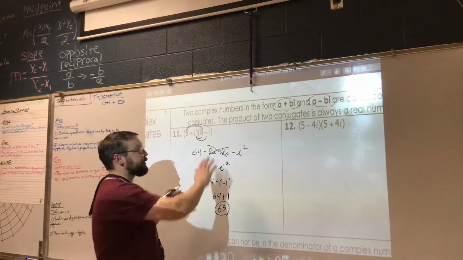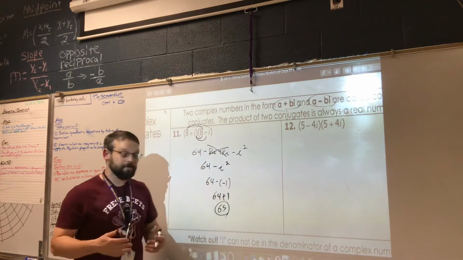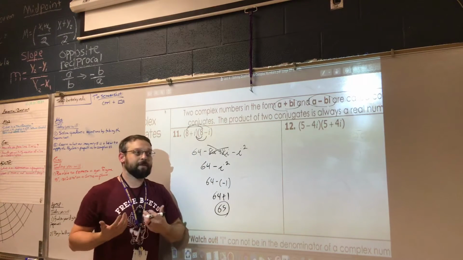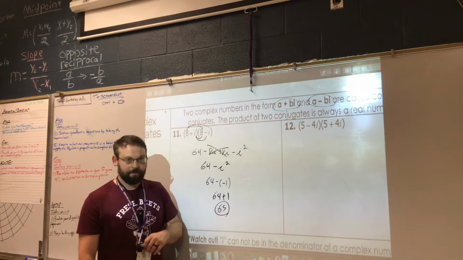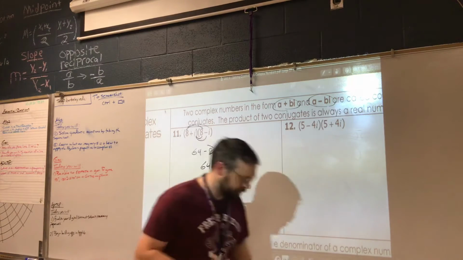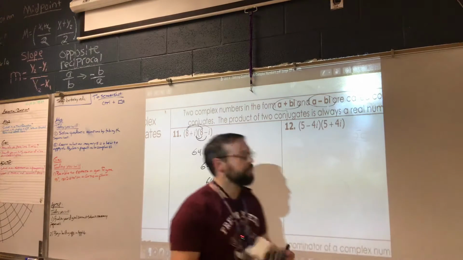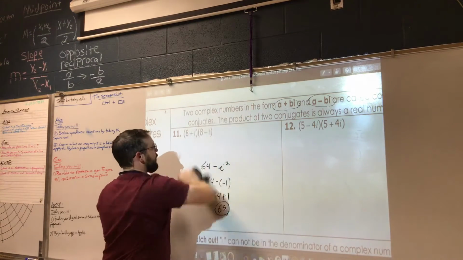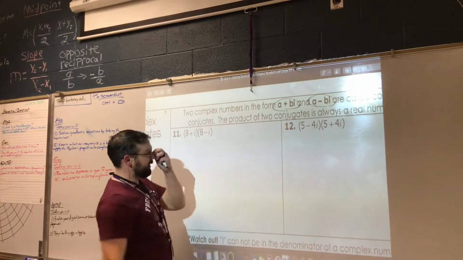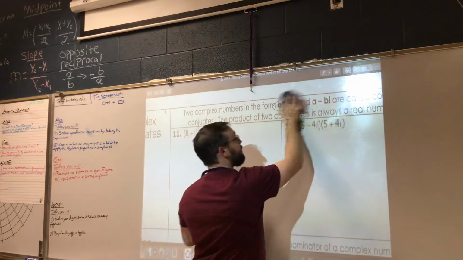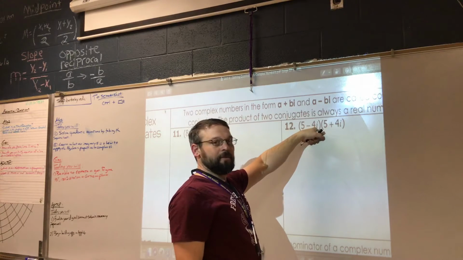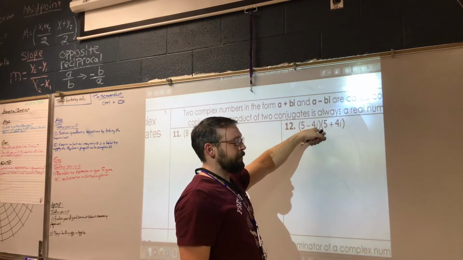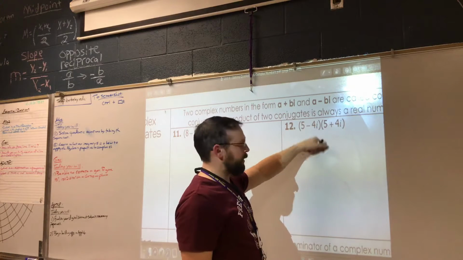So what complex conjugates actually do when you multiply them is remove the imaginary part. It becomes a real number. So that's just a very general overview of those. If we've not done this yet, I would encourage you to stop the video, try number 12, and see if you can do it, and then we'll move on from there.